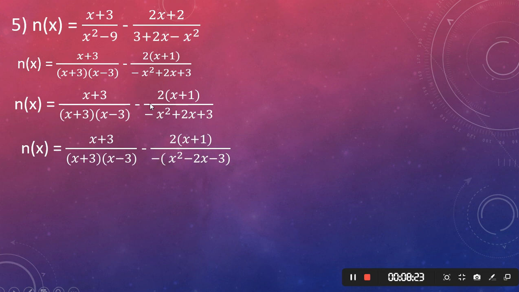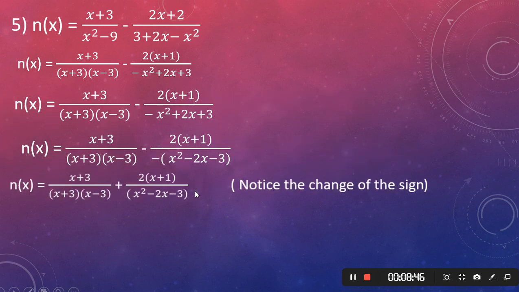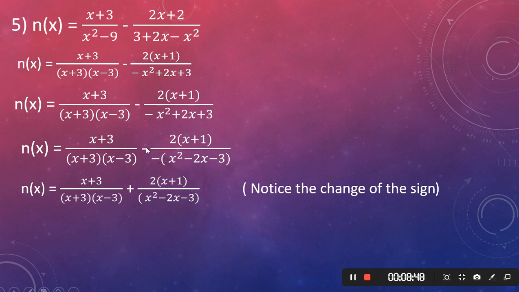Open bracket, if I take the negative out, so this will be positive, this will be negative, this will be negative. So I will take negative out, x power 2 minus 2x minus 3. Can you see these two signs? We can multiply them together. So negative times negative changes to be positive. Negative times negative, positive.